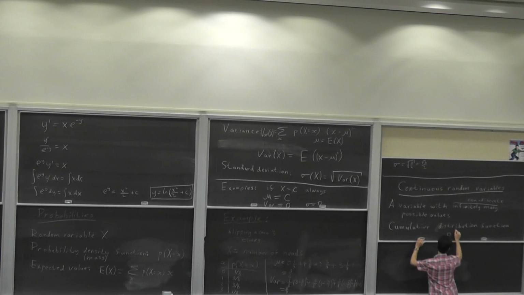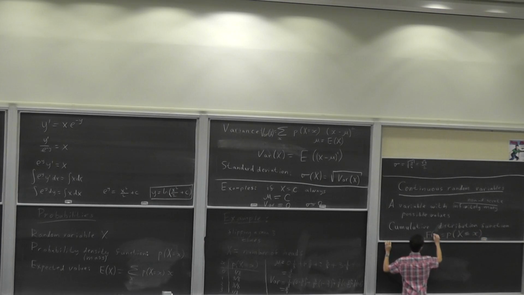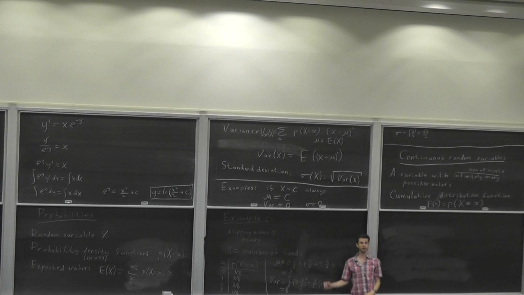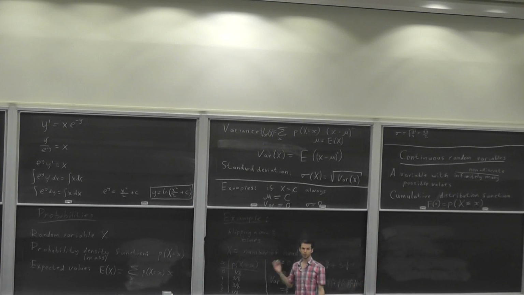And that's, by definition, the probability of this variable being smaller than some number. That is denoted by capital F of x.